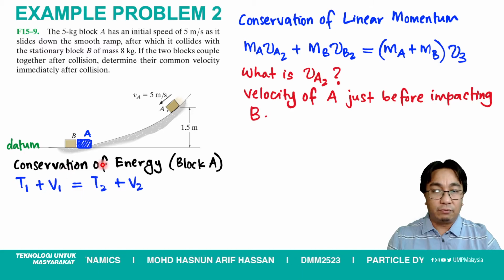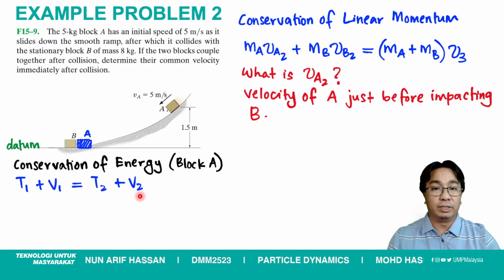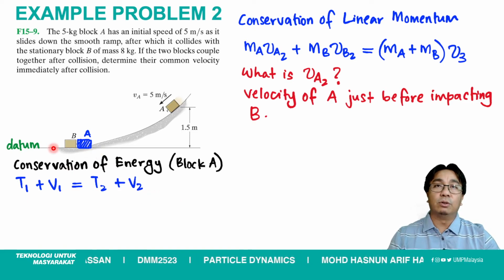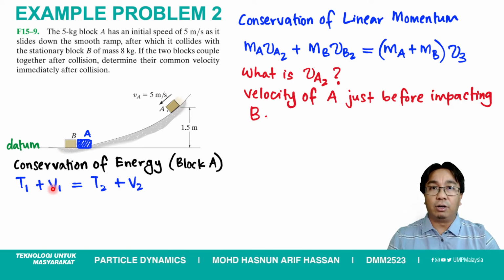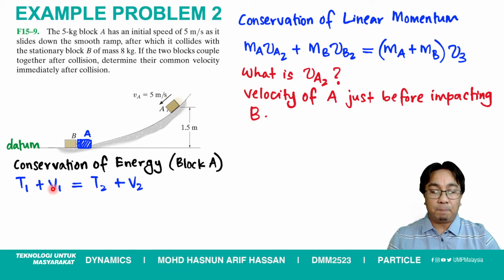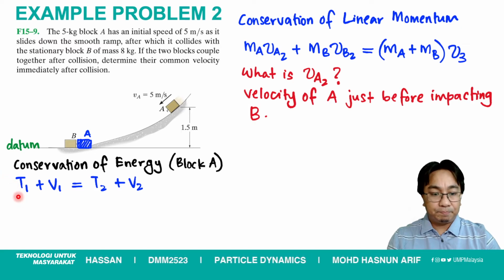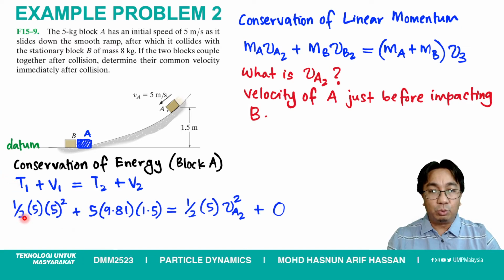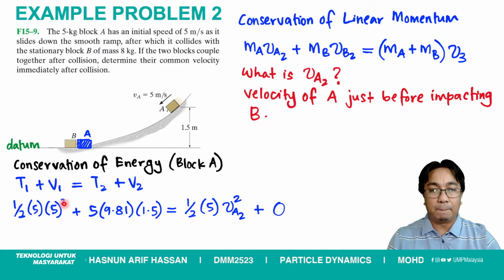The conservation of energy states that T1 plus V1 equals T2 plus V2. In this case, there is no spring involved, so V1 here will only involve the gravitational potential energy and not elastic potential energy. T1 is 1/2 times the mass of block A, which is 5 kg, multiplied with its initial velocity, which is 5, so 5 squared here.